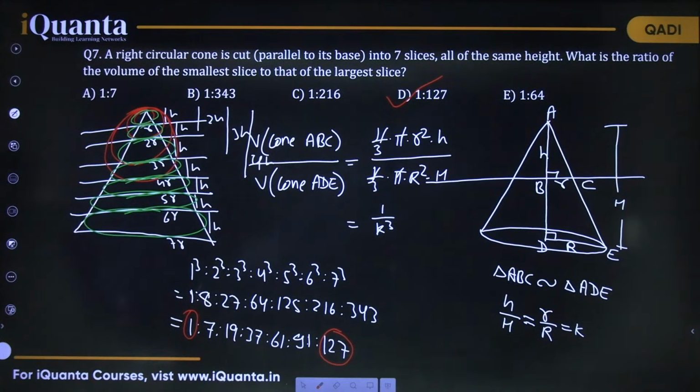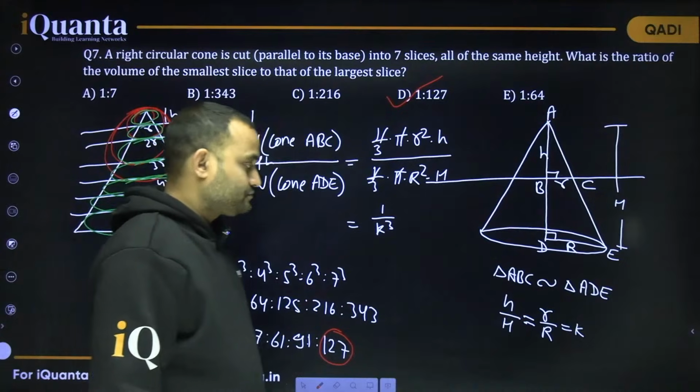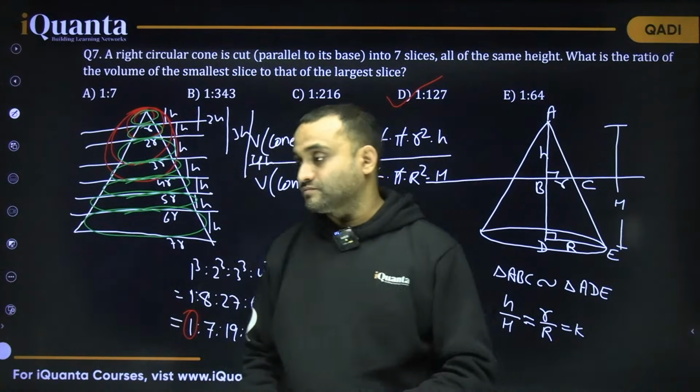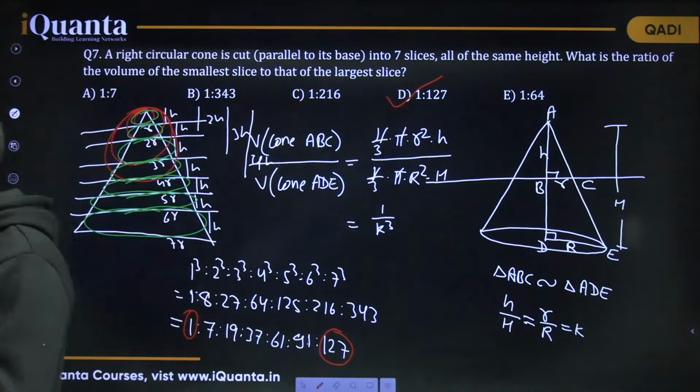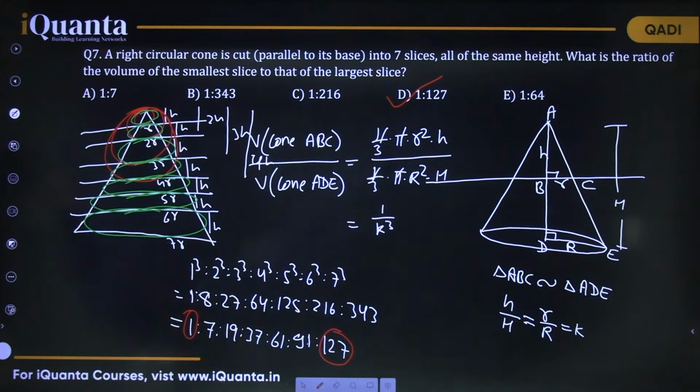So in case of a cone, just take the ratio and then find the actual values. Okay. All good, everyone?